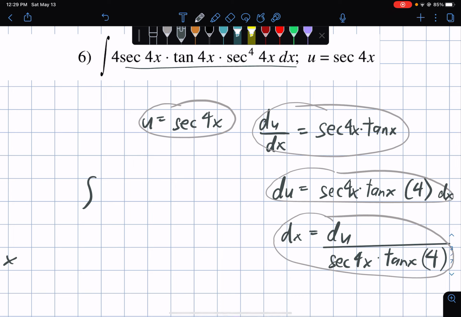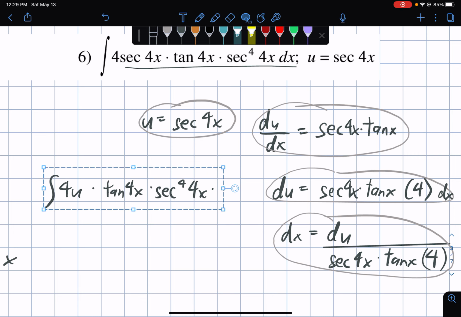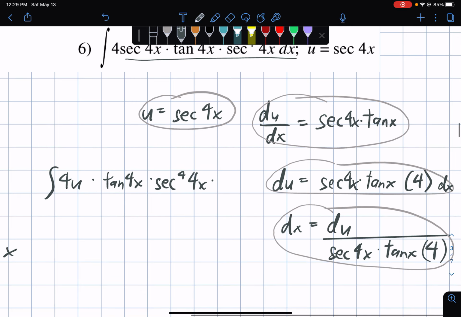Now for secant, for u times tan 4x times secant raised to 4x times dx. What dx is, it's equal to du over secant 4x tan x.